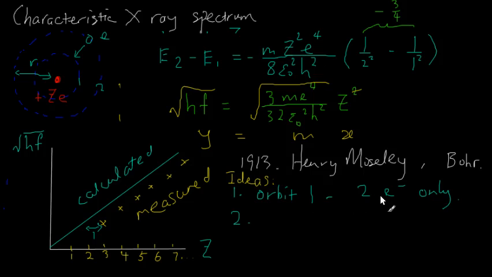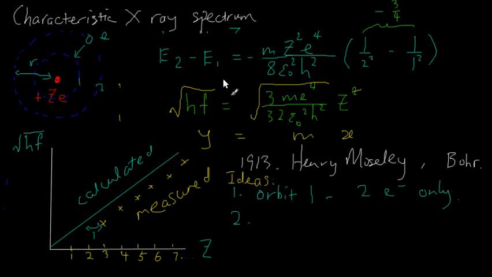Maybe. And the second idea was that in the setup to produce X-rays, we have a beam of very high energy electrons hitting the metal target that produces the X-ray. Now the next point is about what actually happens when those electrons hit the atom.